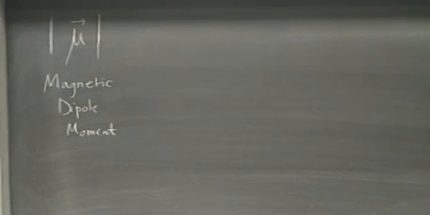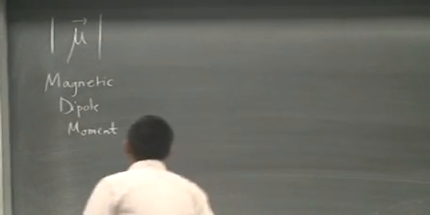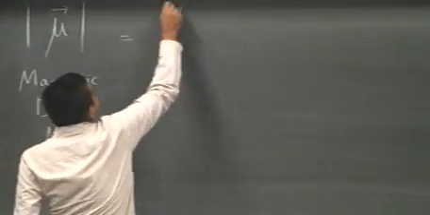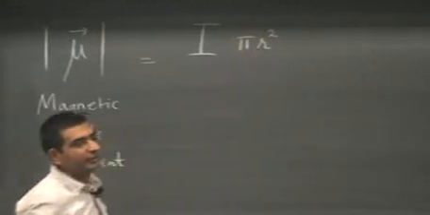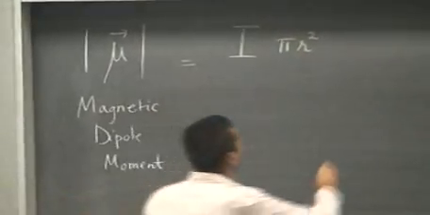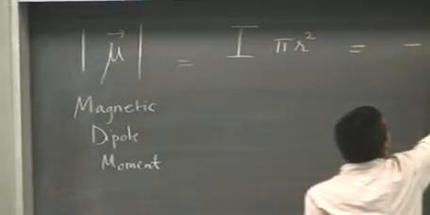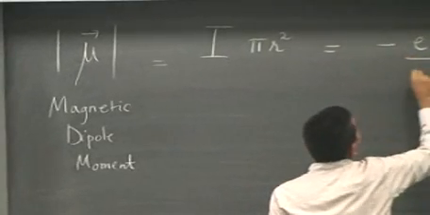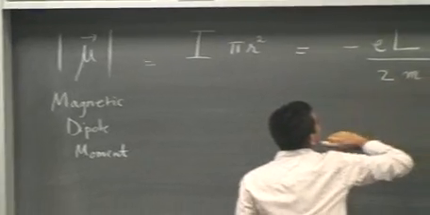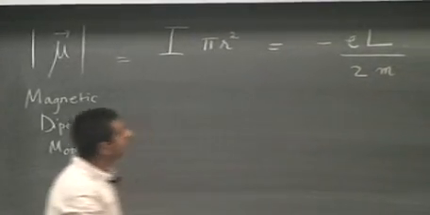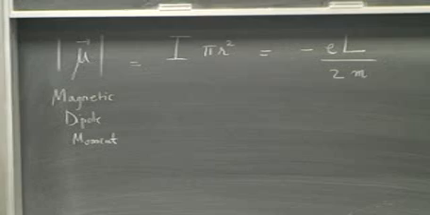So the magnetic dipole moment will simply be I times the area of the loop, which is pi r square. Now let's insert the value of I that we obtained from the previous expression, minus eL over 2m. This is the magnetic dipole moment.